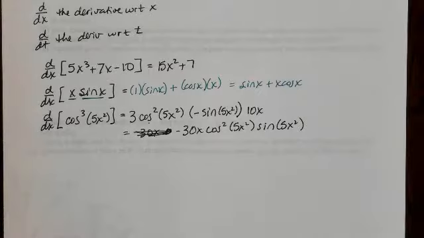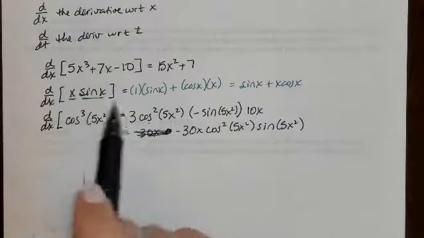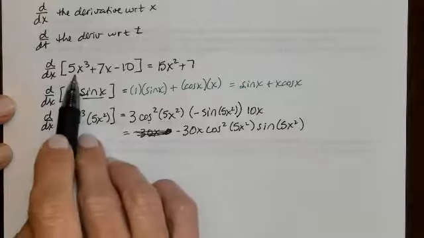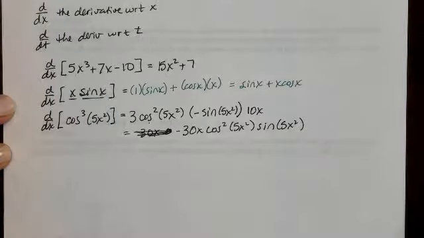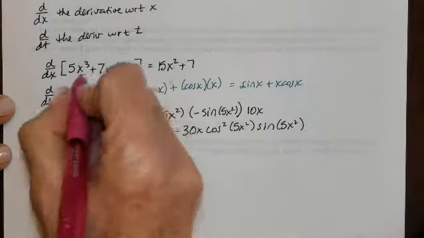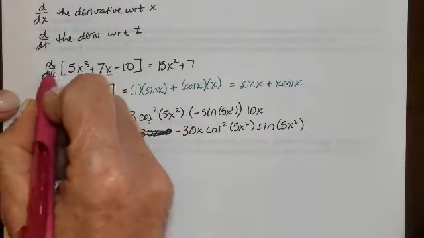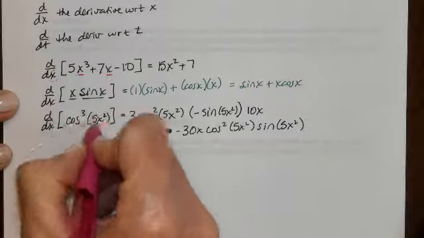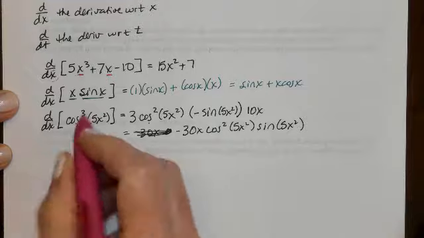Okay, so what we did here by taking these derivatives was a little bit of a review, yes, but in each of these expressions we had x's, right? And we were taking the derivative with respect to x. So each of them kind of made sense. We were taking the derivative with respect to x of an x expression.